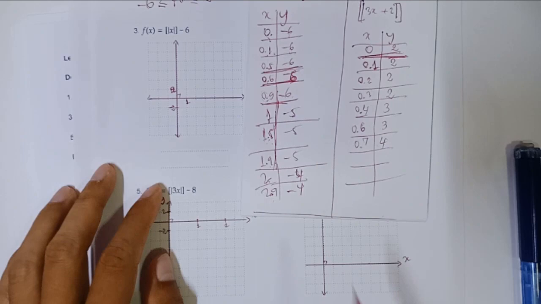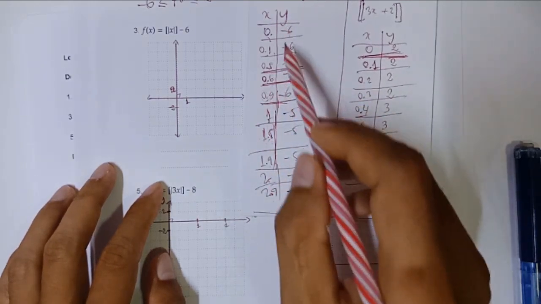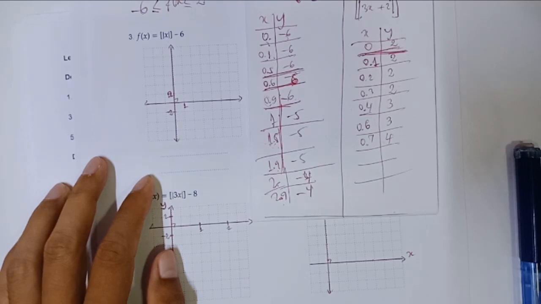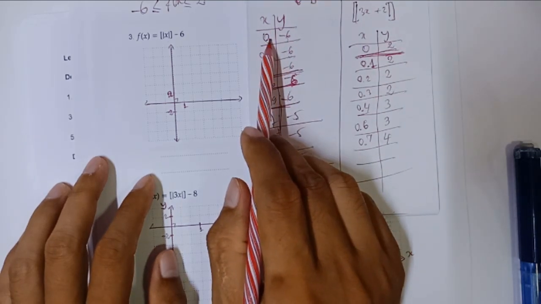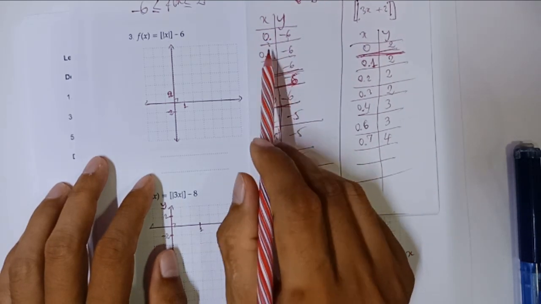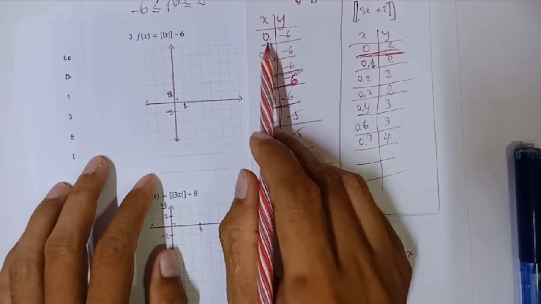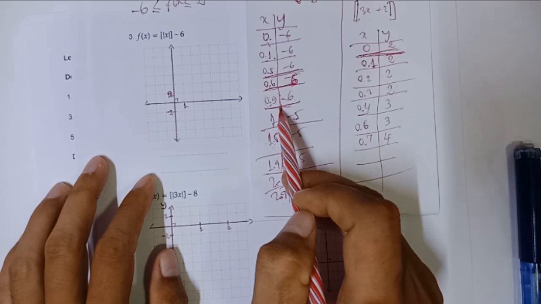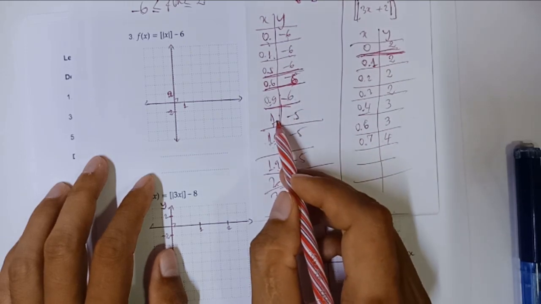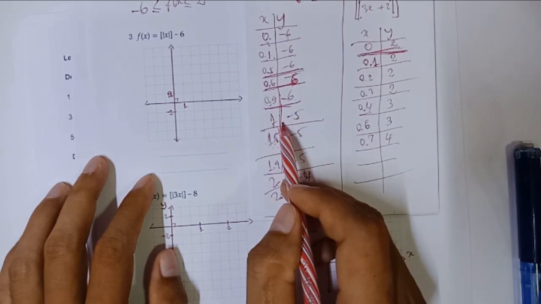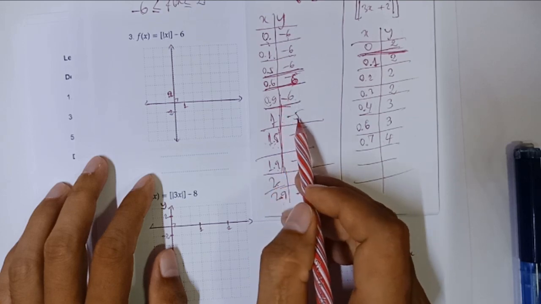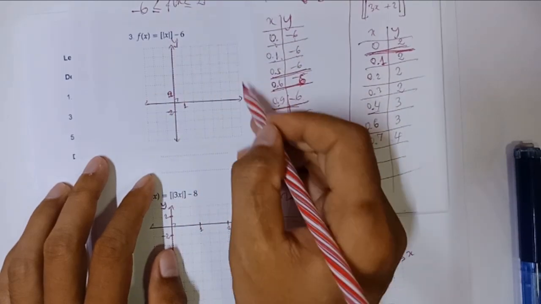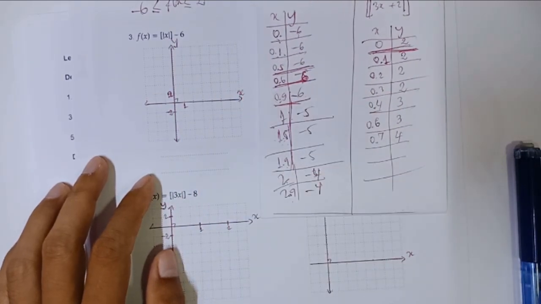Now let's begin, assuming that you already know how to do this part. Okay, let's start. When it is 0, it's -6, so you go from 0 all the way through to 1. But when it reaches number 1, it jumps to the range of -5. So let me teach you how to graph this.